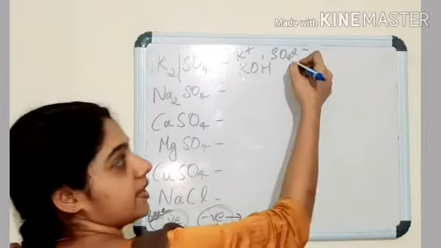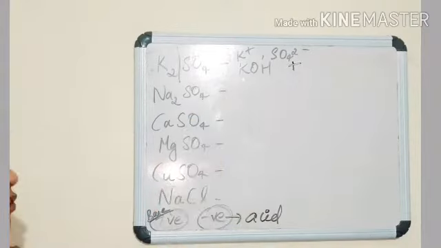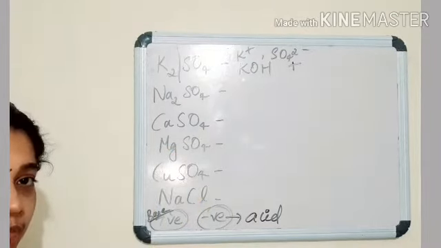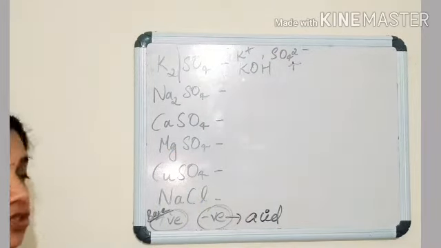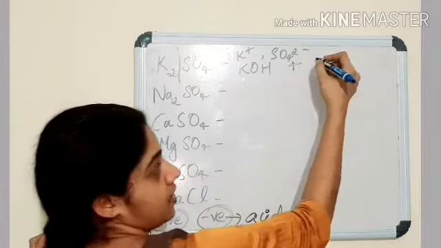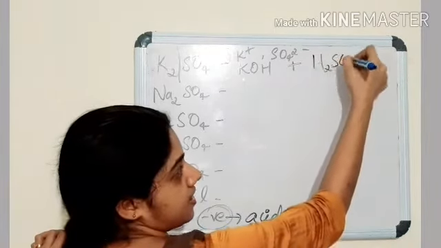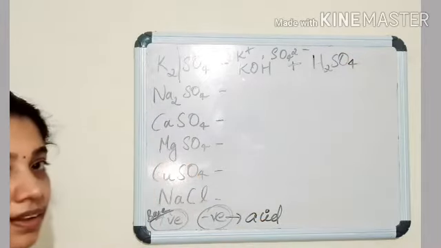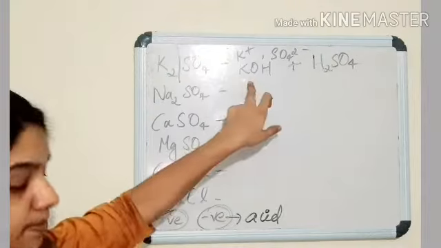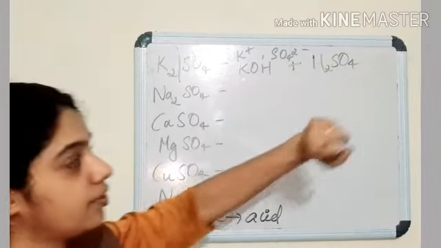So we got the base. Now we need to find the acid. That acid should contain the negative part, SO4 2 minus. Can you tell me an acid with SO4 in it? Yes, it is H2SO4, our sulfuric acid. So we got the acid and the base: KOH is the base and H2SO4 is the acid.